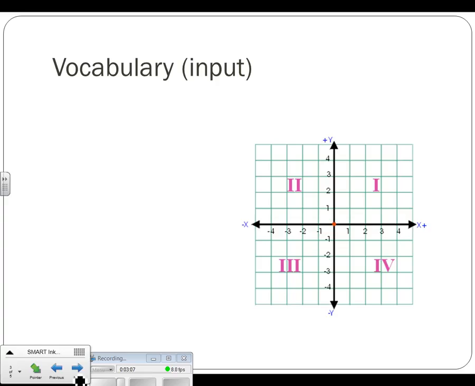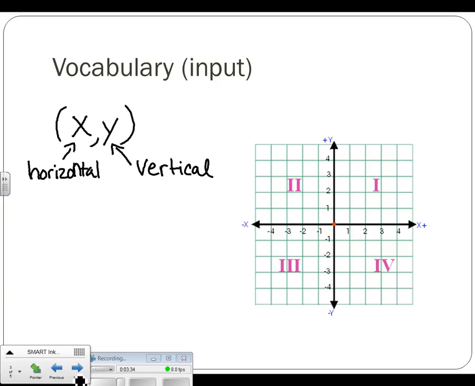So once again, when we graph, we have ordered pairs. In an ordered pair, we have an x-coordinate and then a y-coordinate. The x tells us where we go on the horizontal number line, right or left. The y-coordinate tells us where we go on the vertical number line, so up or down.